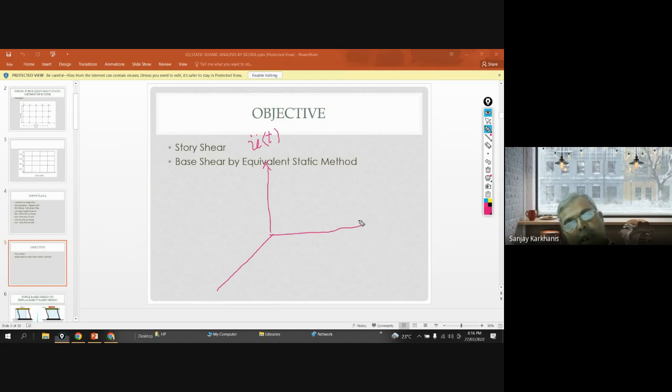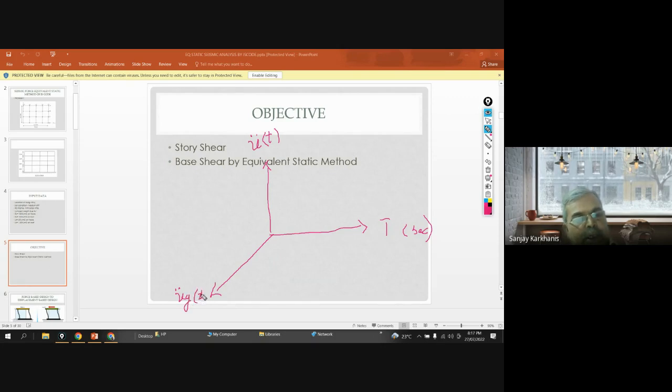On one axis, I am plotting u double dot of t. On another axis, I am calculating time period in seconds. This is not time, this is a time period. Right? Clear? Yes, sir. And on the third axis, I am applying the actual seismograph that I am getting.